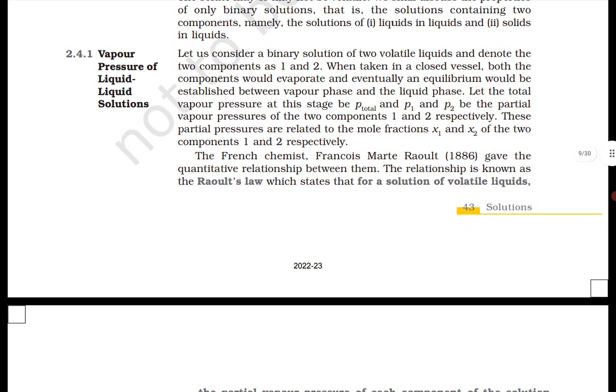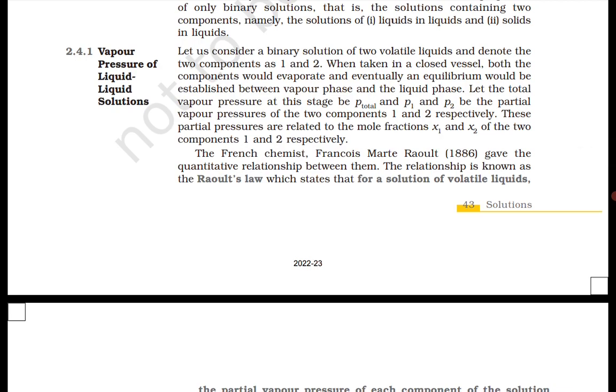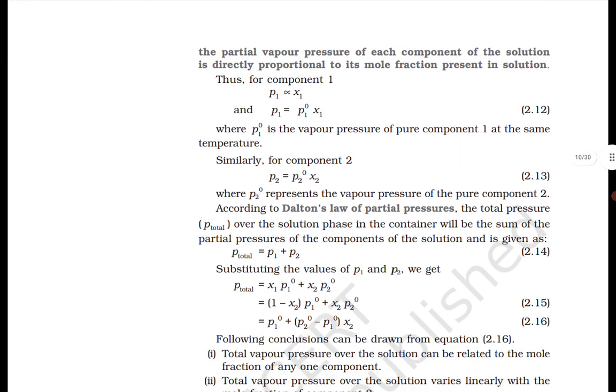The French chemist Francois Marie Raoult in 1886 gave the quantitative relationship between them. The relationship is known as Raoult's law, which states that for a solution of volatile liquids, the partial vapor pressure of each component of the solution is directly proportional to its mole fraction present in the solution.